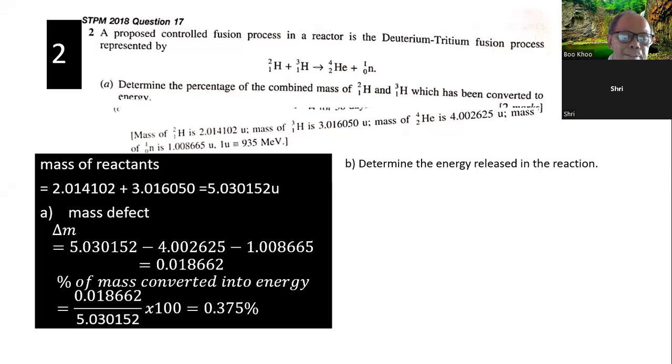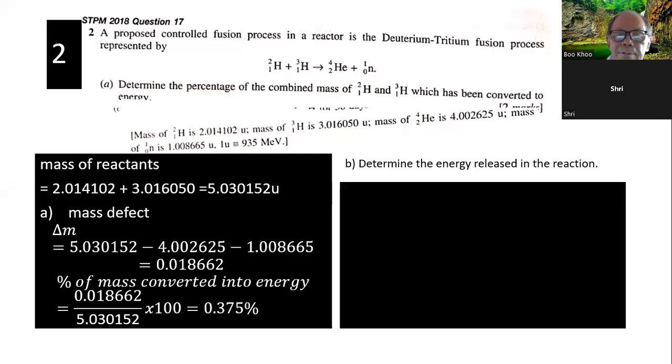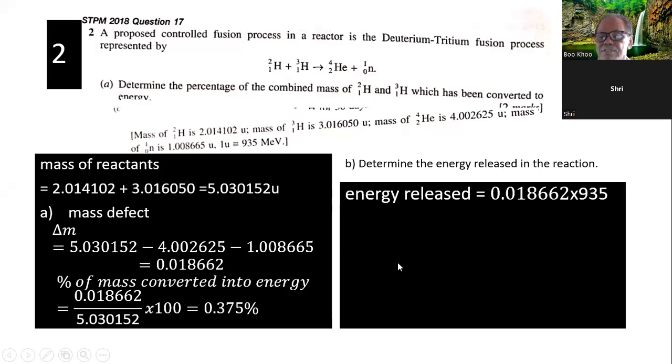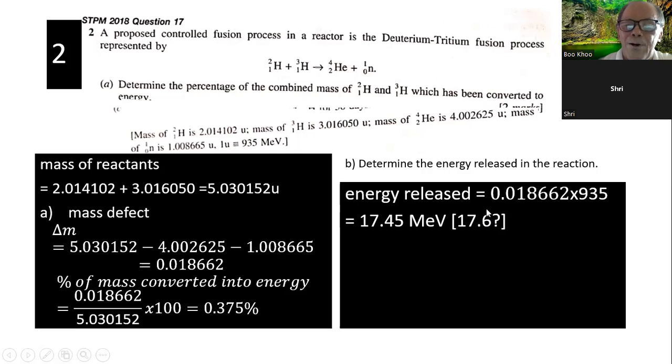The mass defect times 935 MeV. Okay, good. That mass defect there is in atomic mass units. And 935, you need to take some vitamin. Keep yourself healthy. Cannot afford to be sick. Your book gives this answer. It is probably a rounding off error. Doesn't matter. They may have rounded off somewhere.